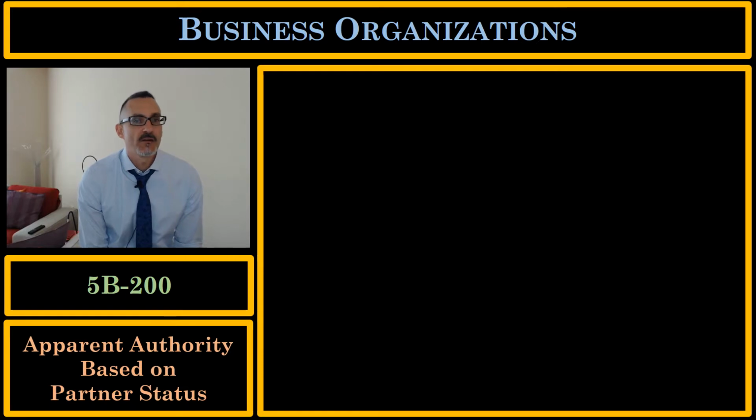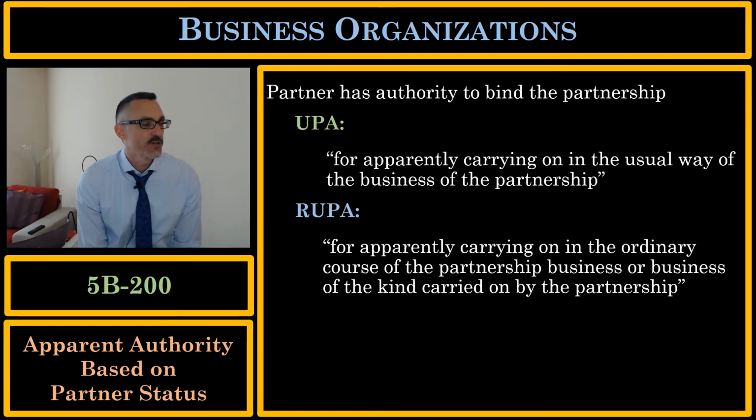Let's talk about apparent authority based on partnership status. And we'll look at the wording of the two different acts. A partner has authority to bind the partnership for apparently carrying on in the usual way the business of the partnership. That's UPA, the Uniform Partnership Act of 1914.